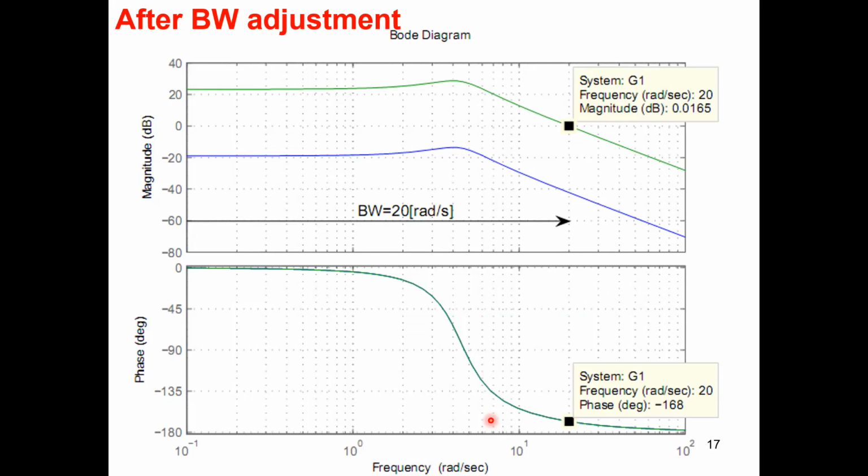So whenever you have unity DC gain, the unity gain, that is 0 dB over here, you can see the 0 dB level at 20 radians per second. Now you have a 20 radians per second signal going through the plant. It will not have any magnitude change.